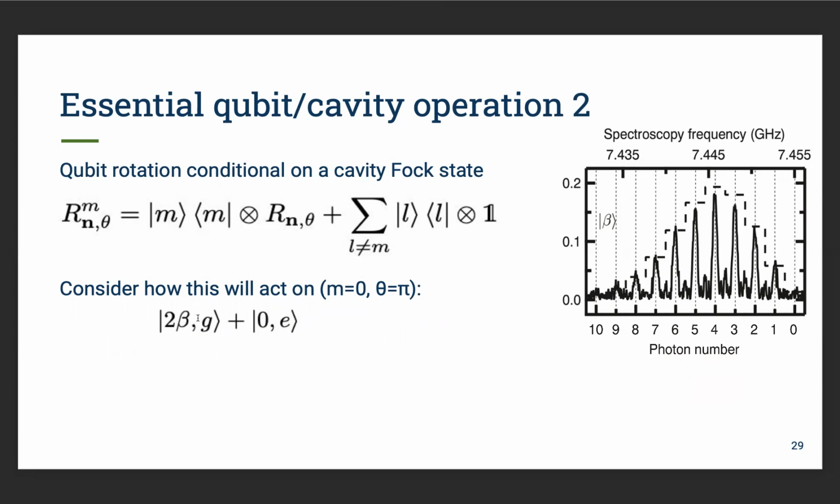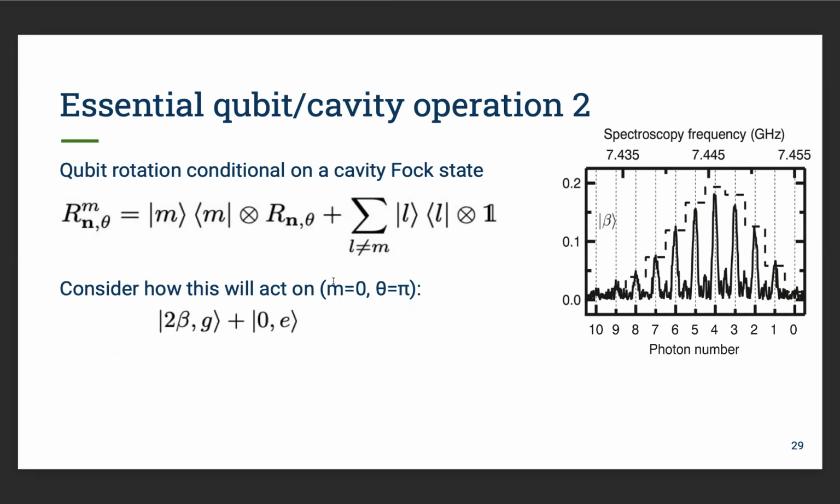So here, m is a Fock state that we choose. When the cavity is in the mth Fock state, the rotation will be applied to the qubit. And when the cavity is in any other state, the qubit will be left as is.